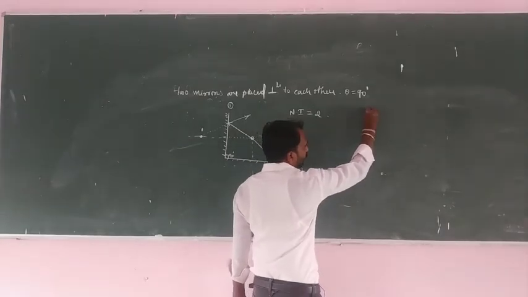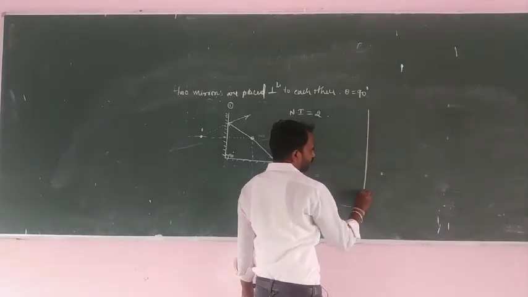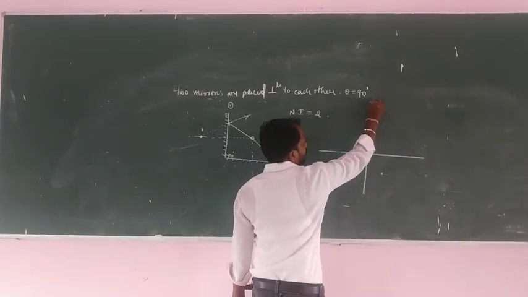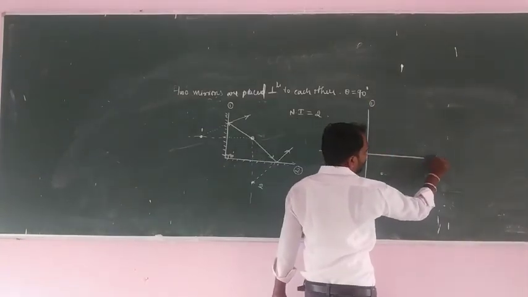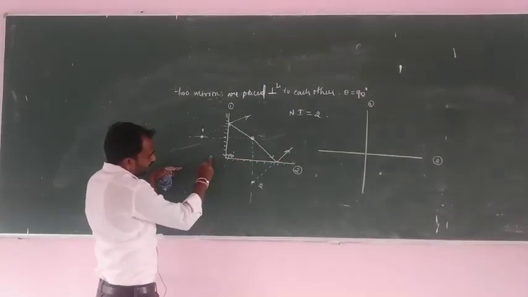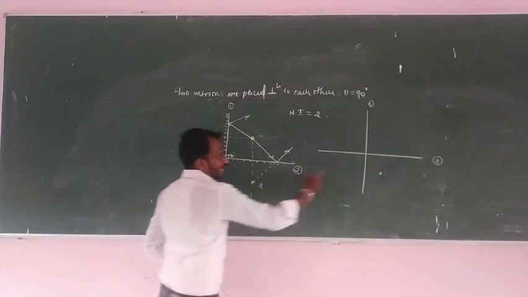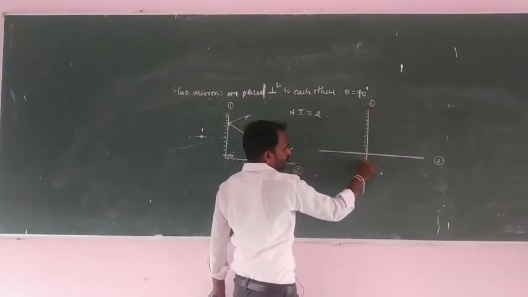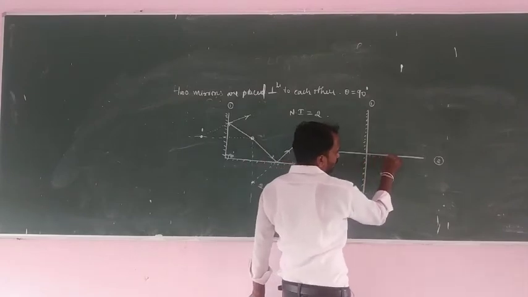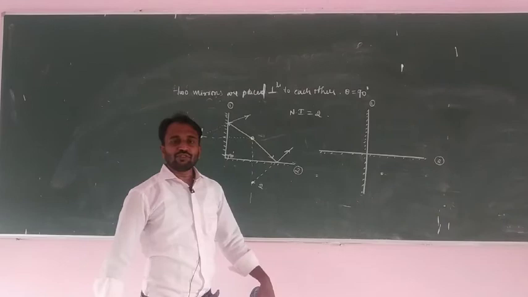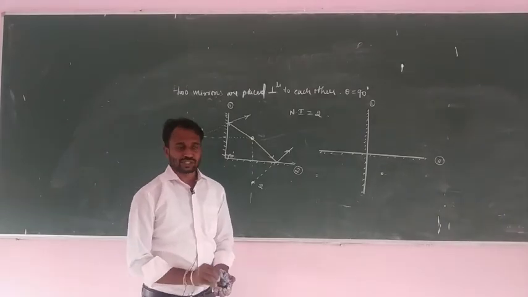Suppose there are two mirrors. This one is the first mirror and this one is the second mirror. It means if you extend these two mirrors, they are placed perpendicular to each other. Then we will calculate the number of images.